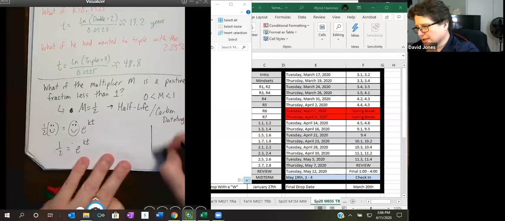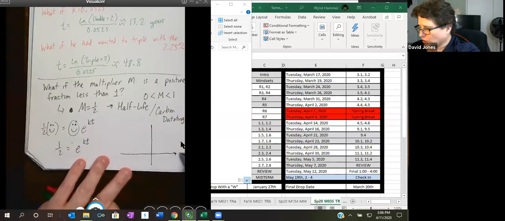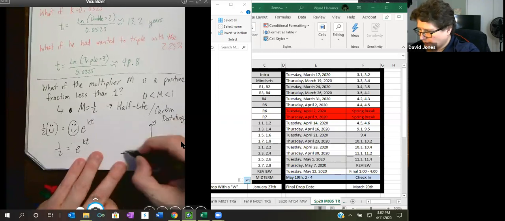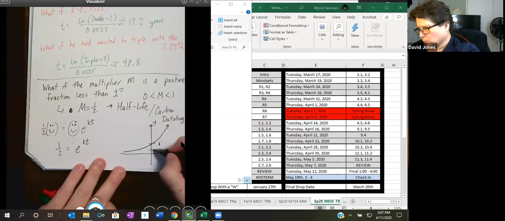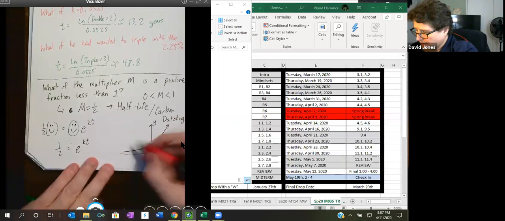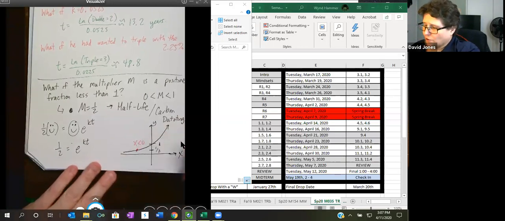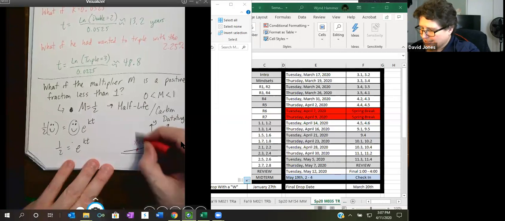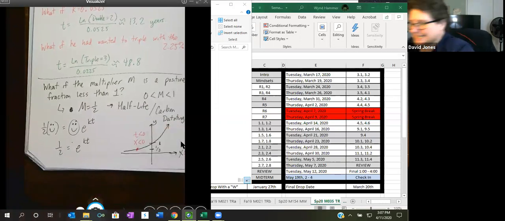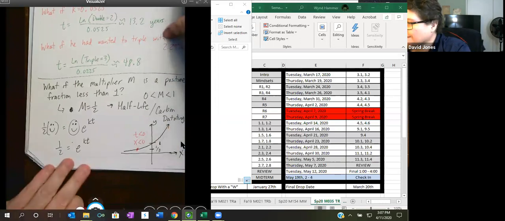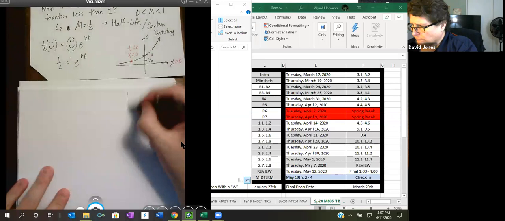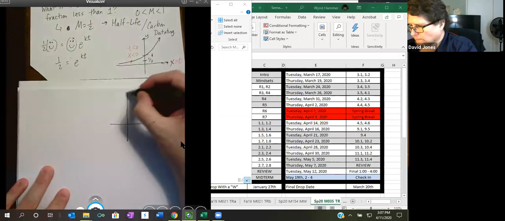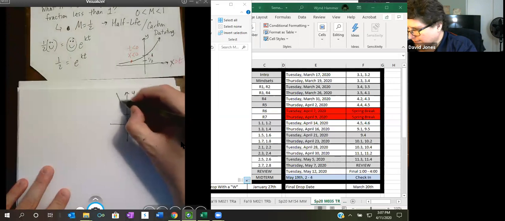If we look at the exponential curves, one half is back over here. X is less than 0. Or in this case, x is t is less than 0. We can't go backwards in time. The only other way to have that would be if it's negative.